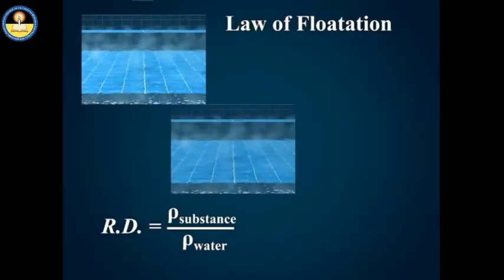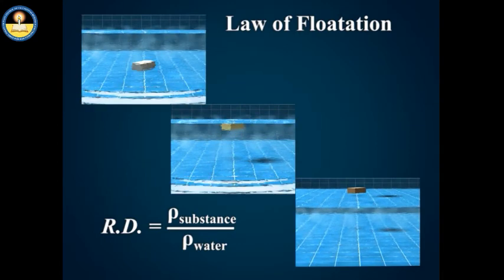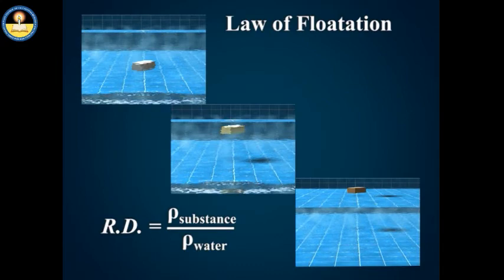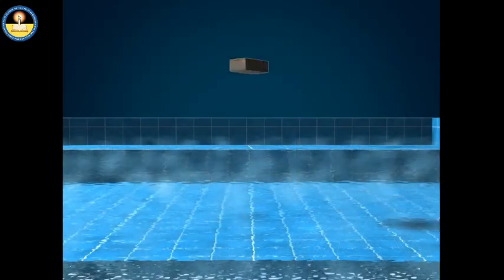Since the ratio of the densities of the body and the fluid is the relative density of the body, the law of flotation can be redefined as: if the relative density of the immersed body is more than 1, it will sink.